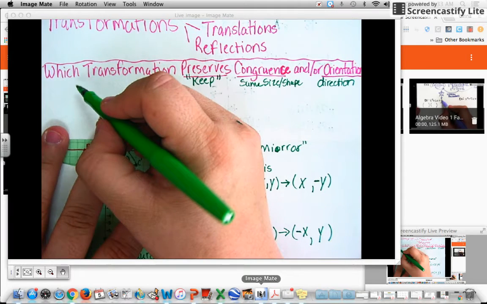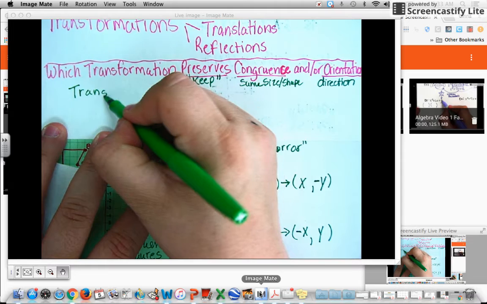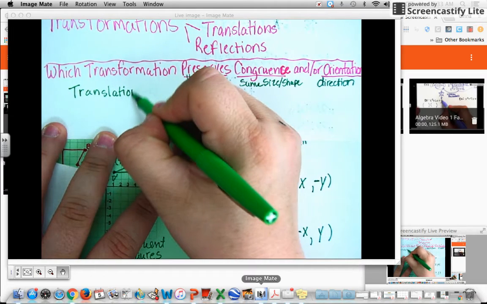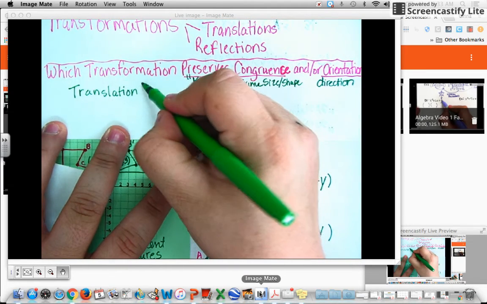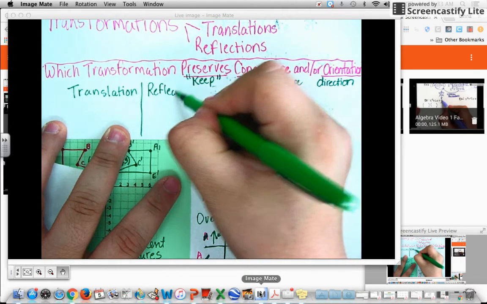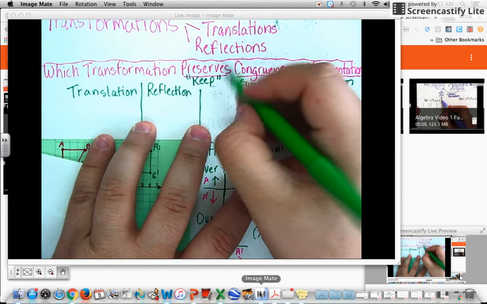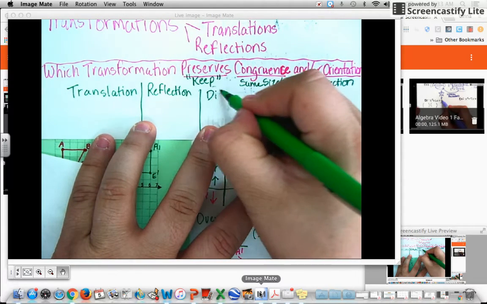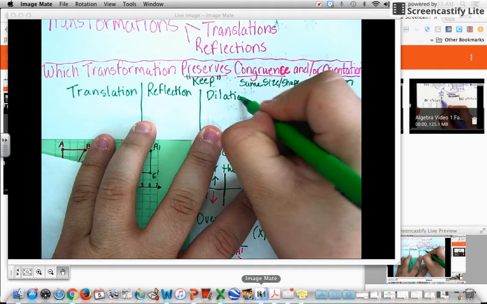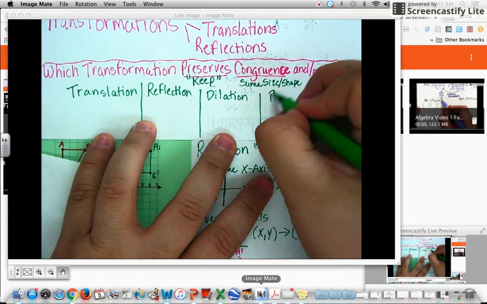So we're going to do here translation. And I should have left more room. Translation, reflection, dilation, and we did not talk about this one, but we will later.